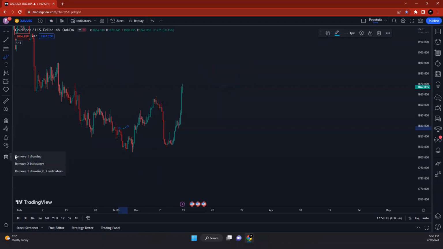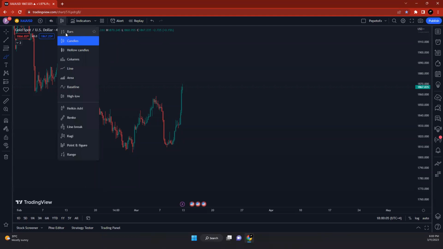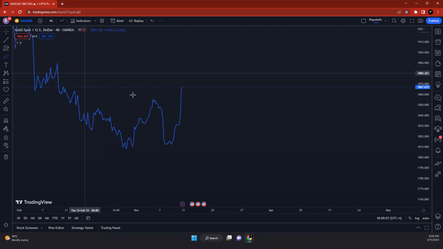When marking your zones, Pepetto, when you're marking the lines, do you consider either the body or the wicks? Or all that matters to you is just that area, and then you want to see how candles react there? For me, I don't consider the body or wicks. I just consider the reactions. If you do a simple way, let's go for the line chart.